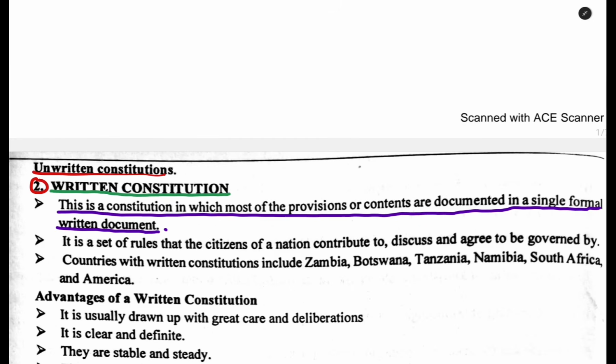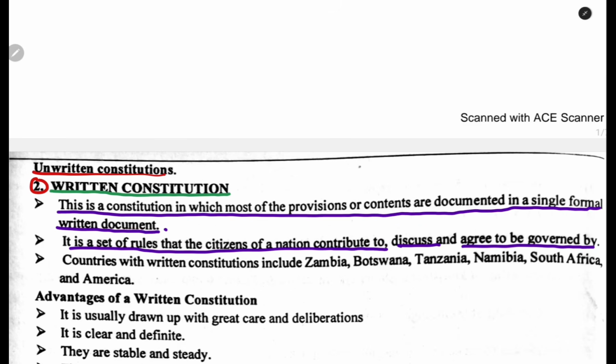So this is a kind of constitution in which most of its provisions and contents are documented in a single formal document. So that is the written kind of constitution. It sets the rules that citizens of the nation contribute to, discuss, agree to, and be governed by.